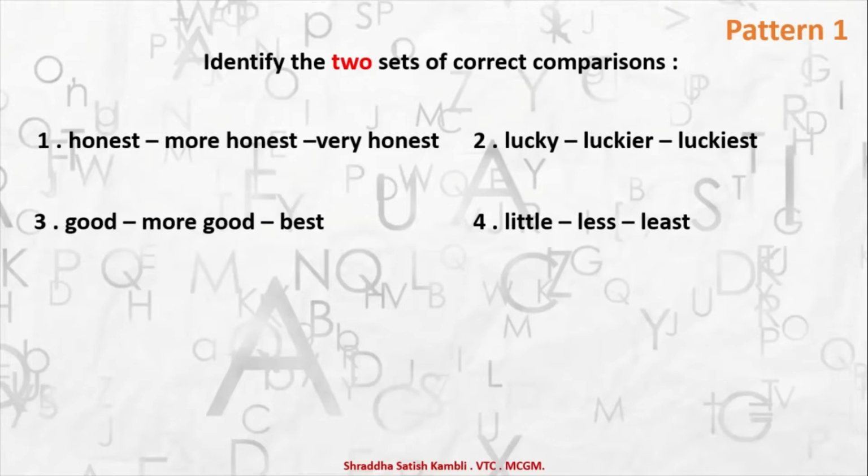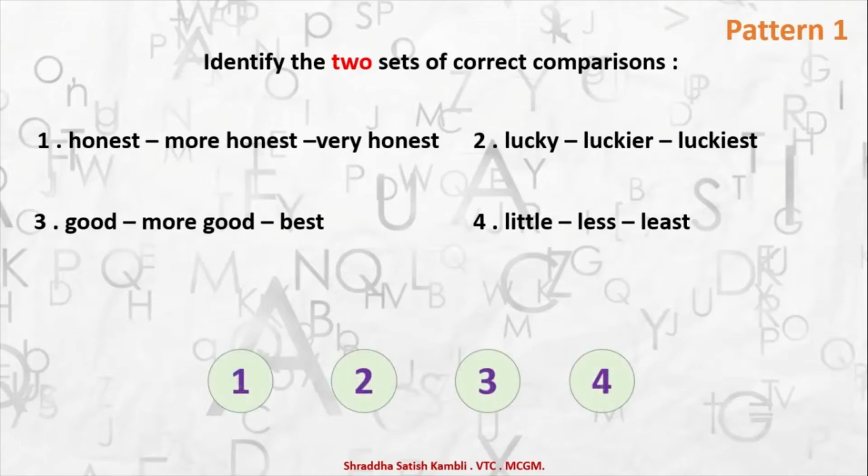Second, lucky, luckier, luckiest. Third, good, more good, best. And the 4th one, little, less, least. So option number 1, 2, 3 and 4. Which 2 sets of options are correct?